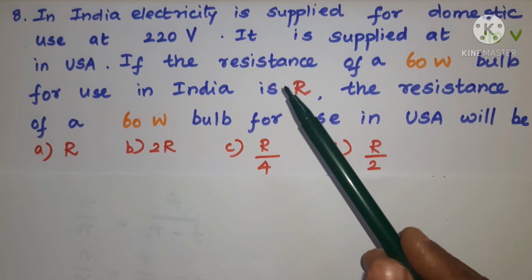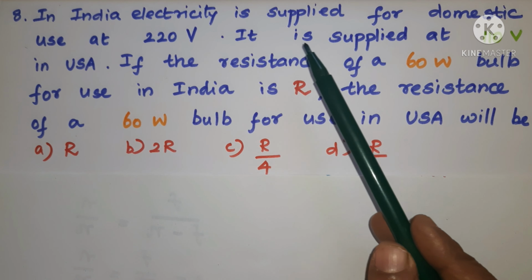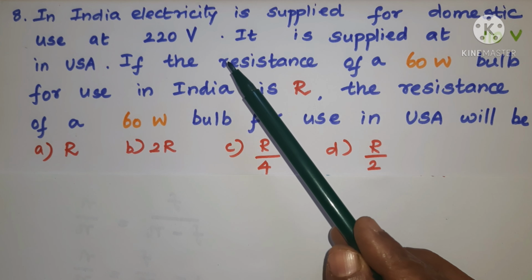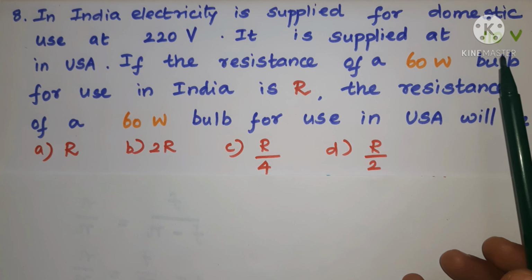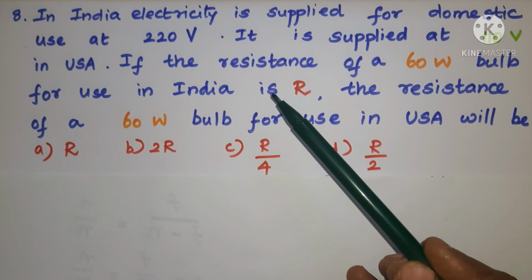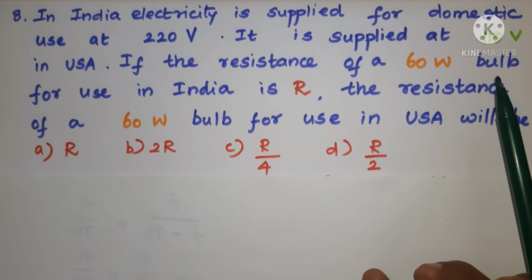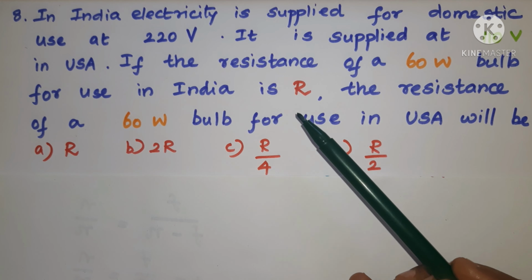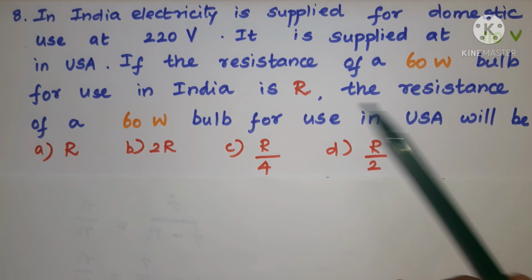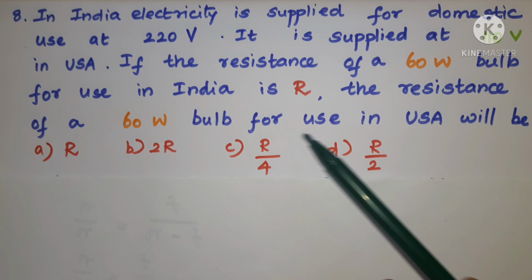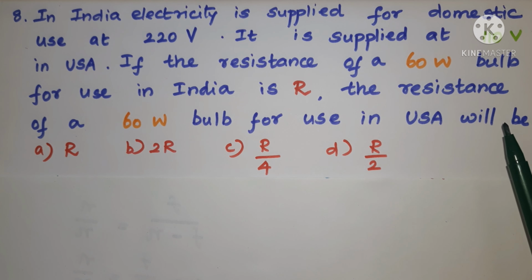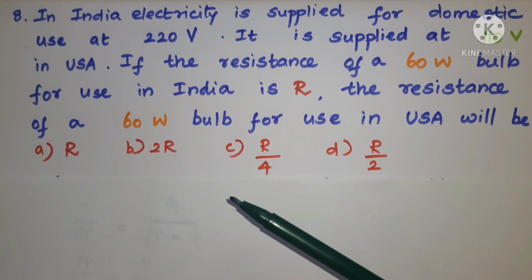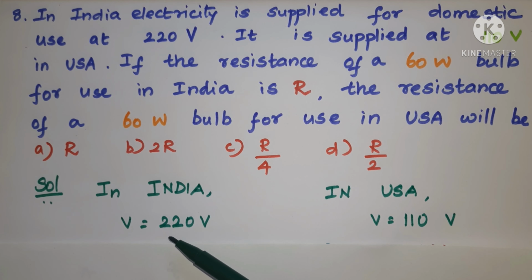Next one. In India, electricity is supplied for domestic use at 220 volt. It is supplied at 110 volt in USA. If the resistance of a 60 watt bulb for use in India is R, the resistance of a 60 watt bulb for use in USA will be, we have to find that. Now the solution is, in India we have V is equal to 220 volt, the electricity supplied.